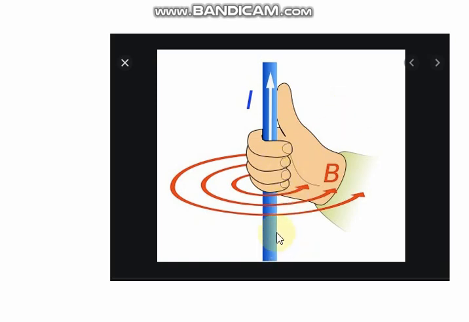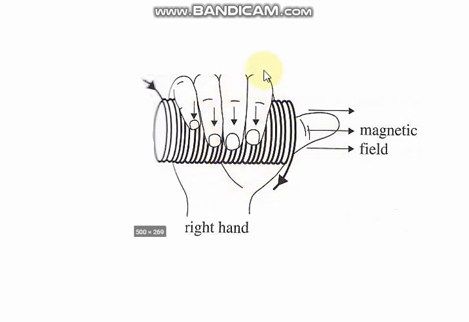Here we curled the fingers. We stretched our thumb in the direction of the current, and the curled fingers gave us the direction of B. And here we are curling our fingers in the direction of current, and this stretched thumb is giving us the direction of B. So the two cases are reversed.